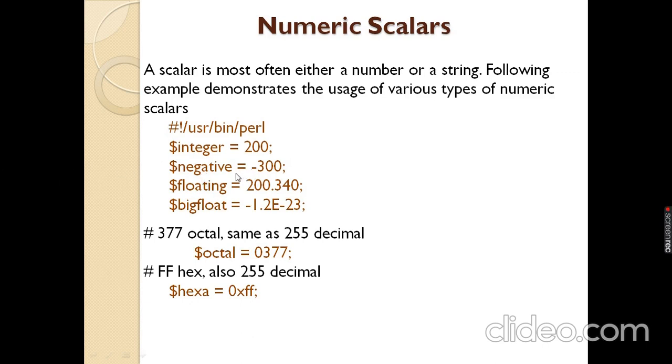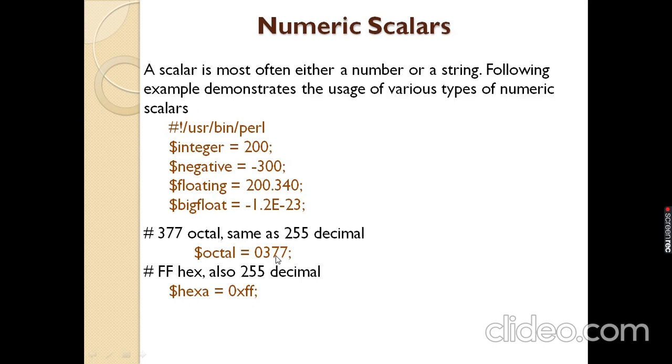Second is the variable named negative, because we are storing a negative value, that is minus 300, and floating equals the float value 200.340, and big float, minus 1.2 exponential 23. So this exponential value is going to be stored in big float.